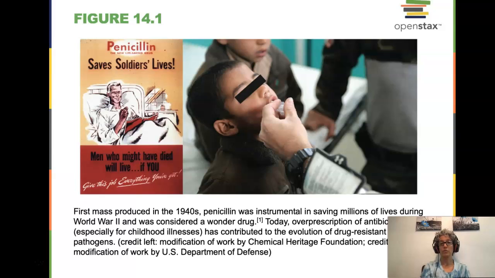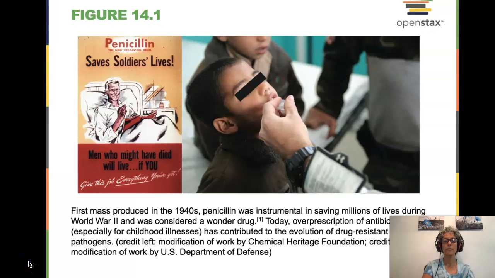They were seen as a silver bullet, able to be used for pretty much anything, and they can be used for many things, but the overprescription of antibiotics does have real problems. We have the evolution of drug-resistant pathogens. And we'll cover an example of evolution of antibiotic resistance in real time later in this lecture.